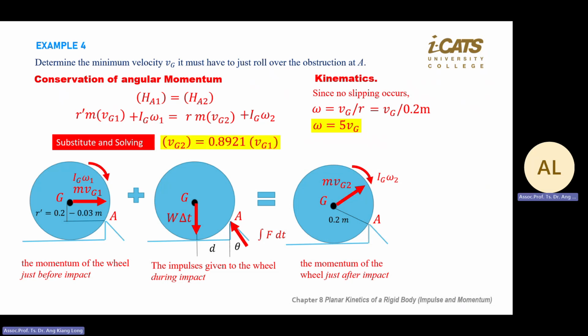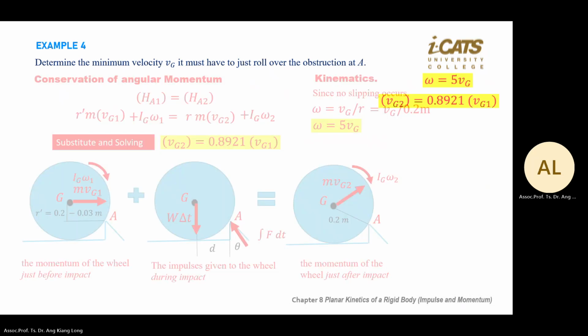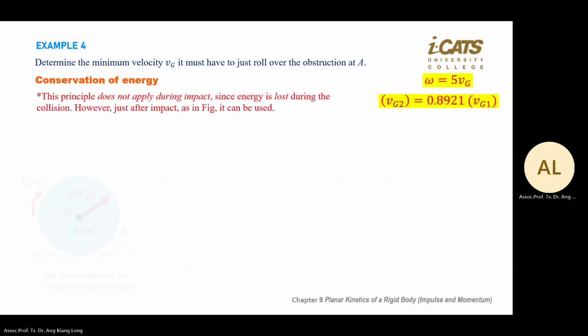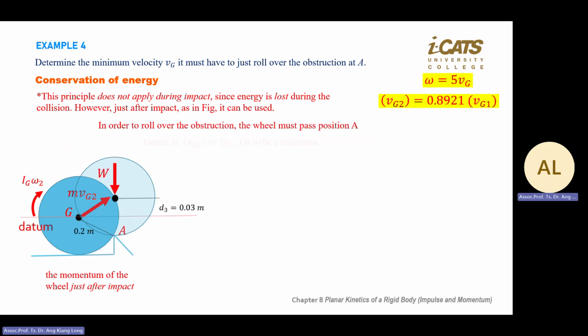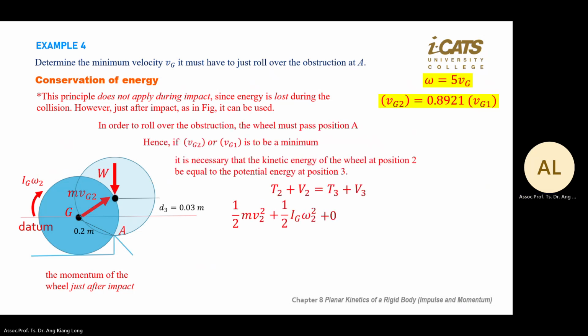You get V2 equal to 0.8921. Okay, so this one is your reading. It is your reading.